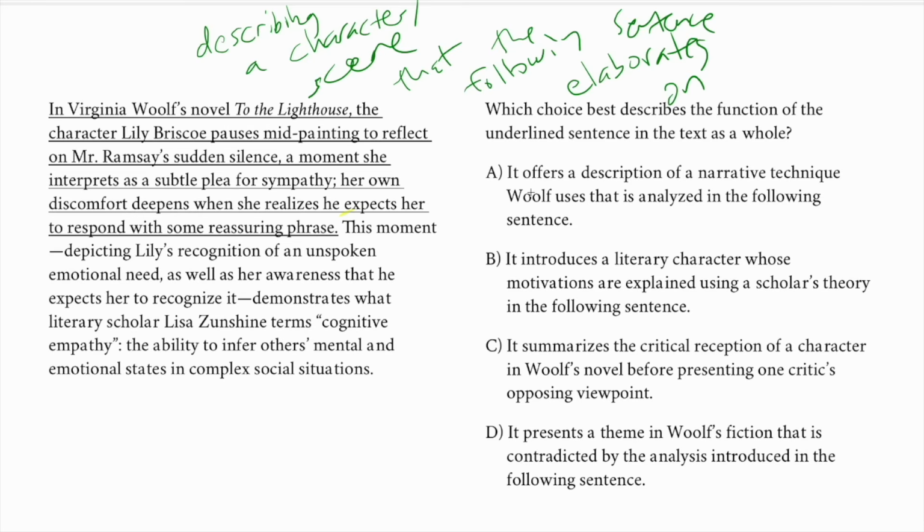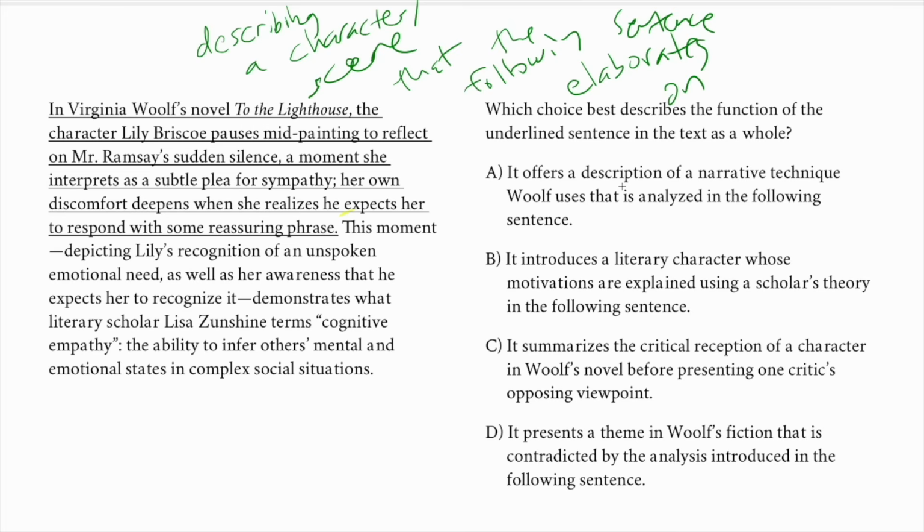And so A, it offers a description of a narrative technique Woolf uses that is analyzed in the following sentence. This might seem somewhat tempting, but if we really look at it, the underlined sentence is not actually describing a narrative technique. It is relating what happened in a particular scene.